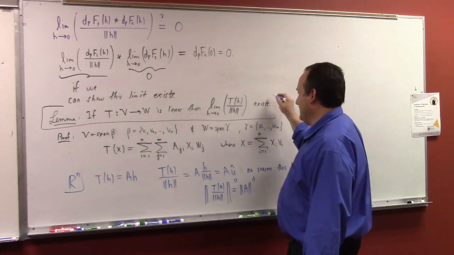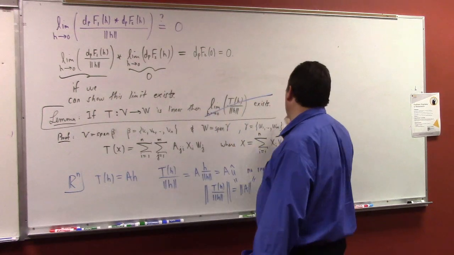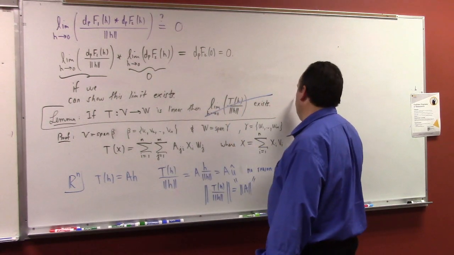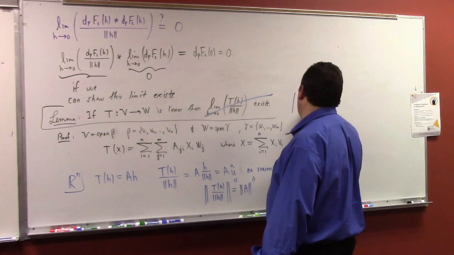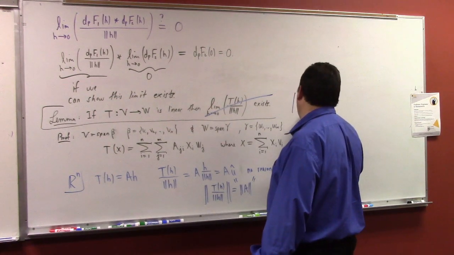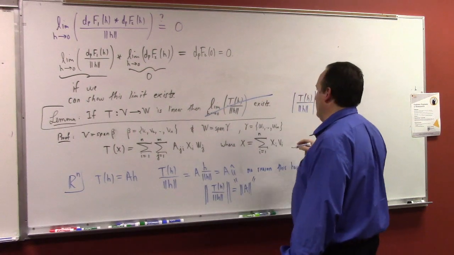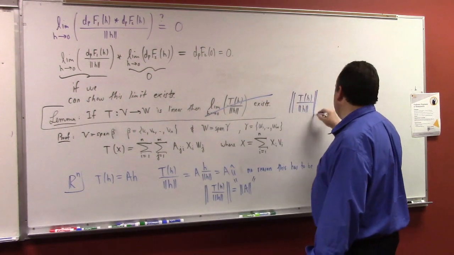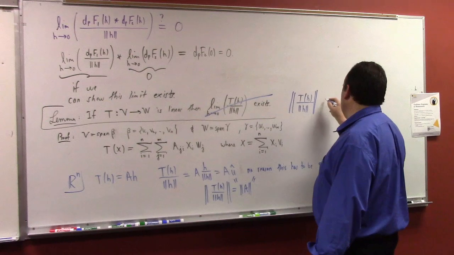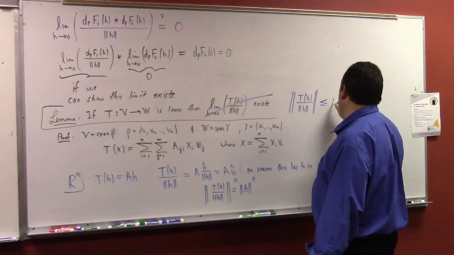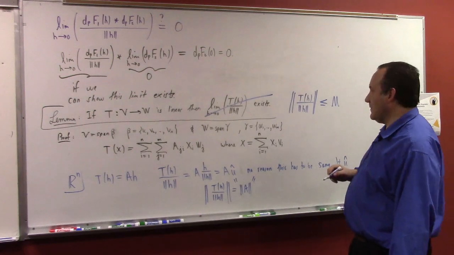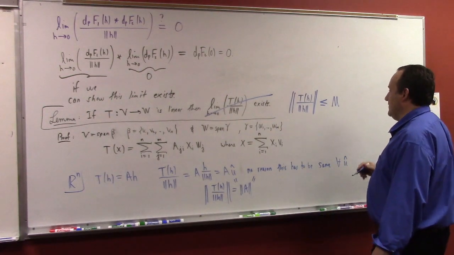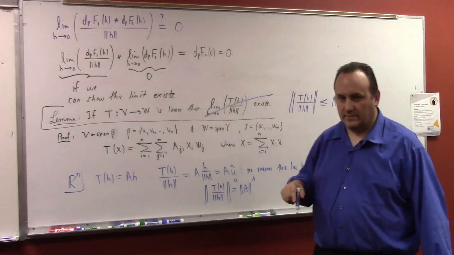Too greedy. Nope, we have to replace that with, if we look at T of H over the norm of H, the norm of that is less than or equal to M. So in other words, this is bounded.